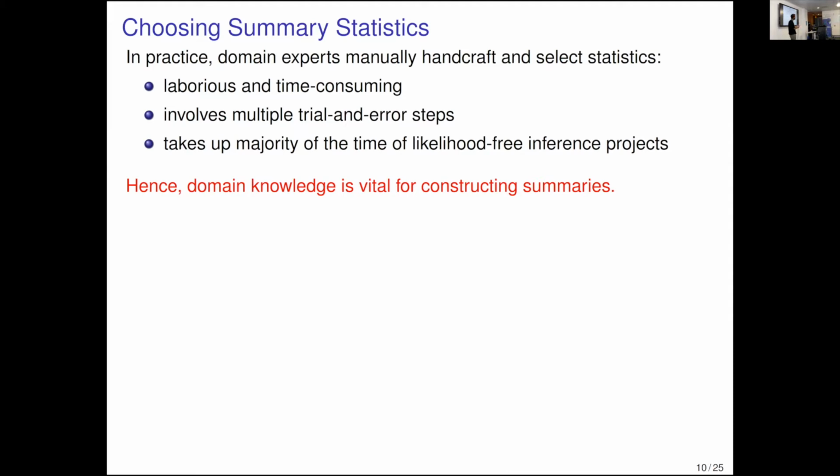So you construct statistics like that, which is quite time consuming and involves multiple trial and error. You try this statistic, didn't work, and then you do something else, and so on and so forth, till you get something which works fairly well. And you have no way of knowing how well it is. So finding the statistics takes up the majority of the time of any likelihood-free inference project, at least it did for me.